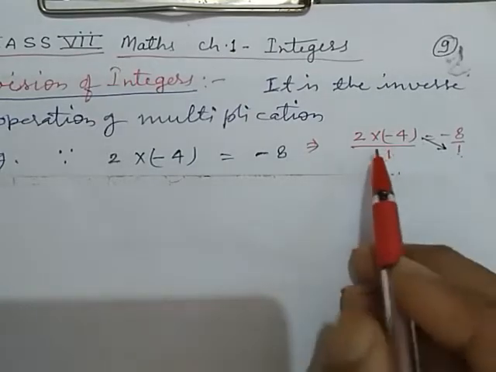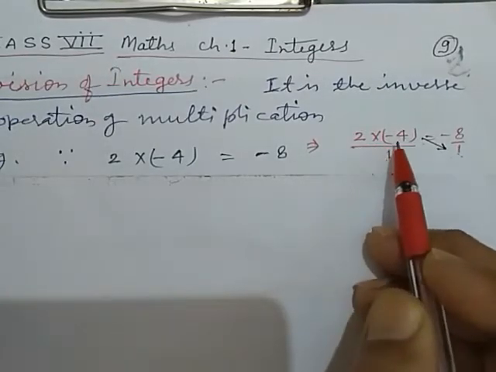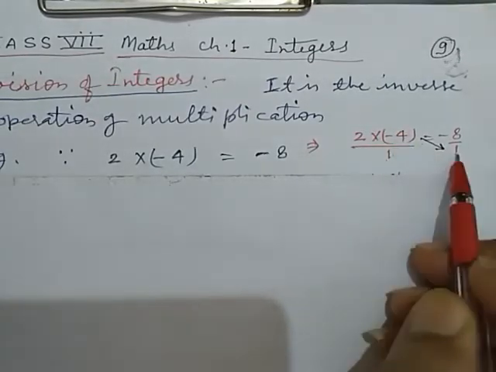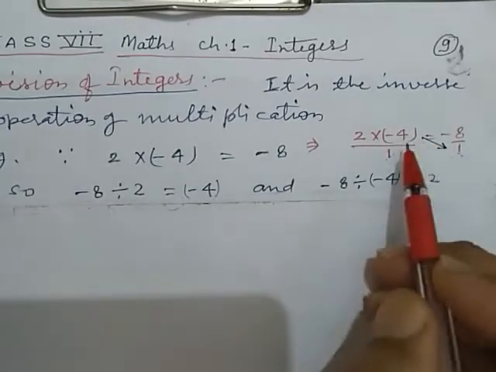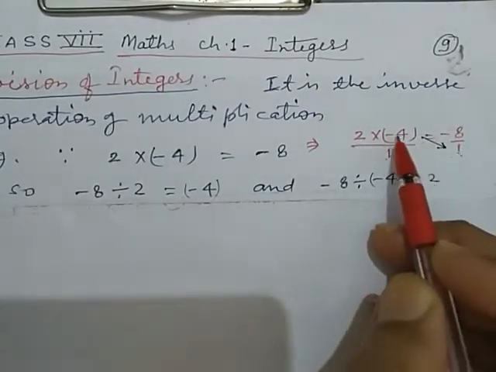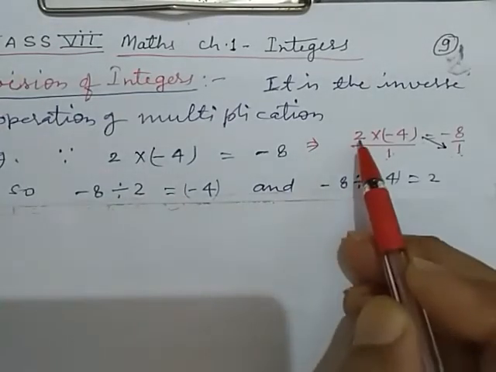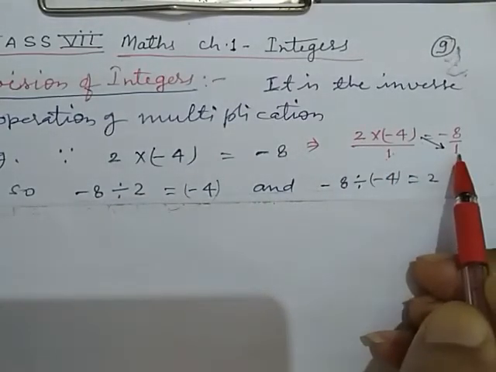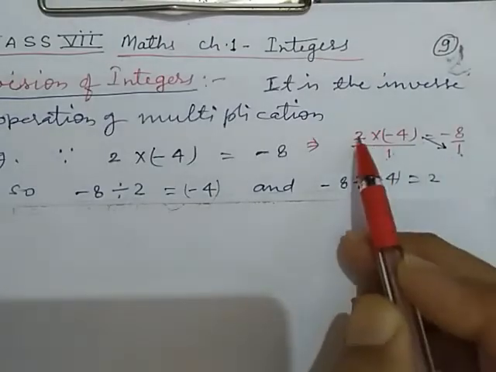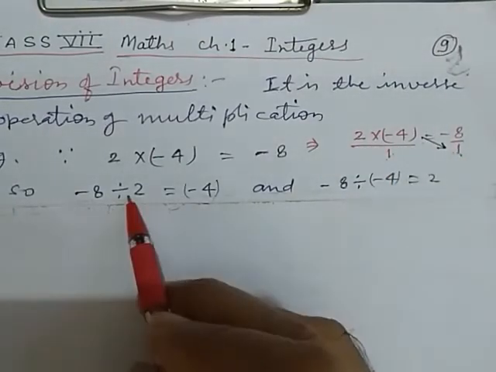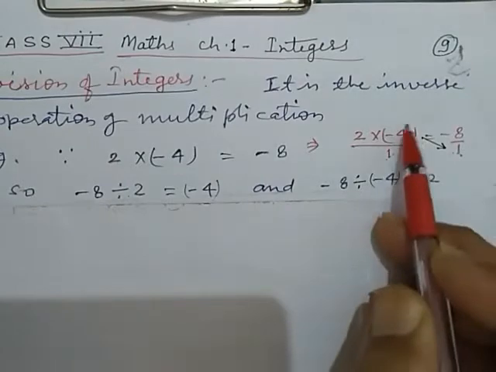Now if we bring this minus 4 here, then what happens? Minus 8 divided by minus 4, or we can take this 2 here. If we take this 2 here, minus 8 divided by 2, we get this result, minus 4.